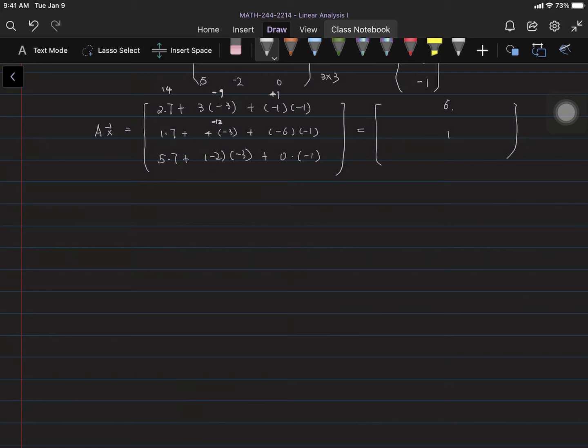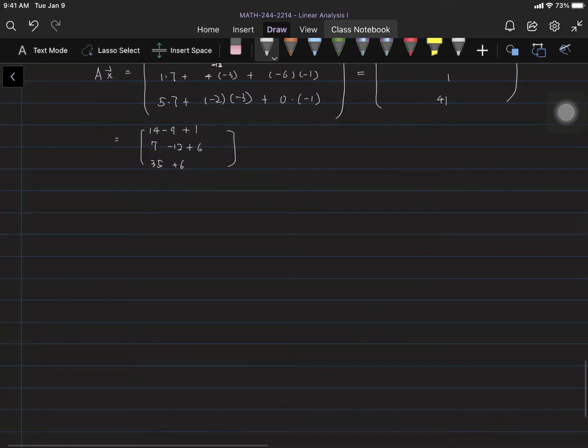You can write down one more step, like what those numbers are. So it's 14 minus 9 add 1, 7 minus 12 add 6, and 35 plus 6. That's maybe a little bit better. Okay, just write down those one more step.